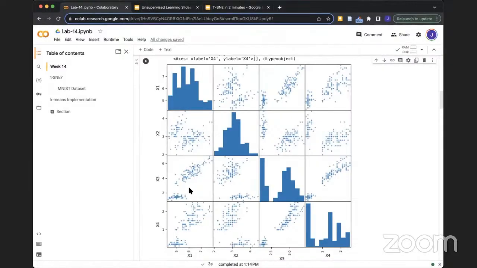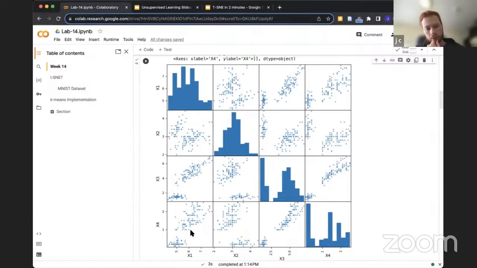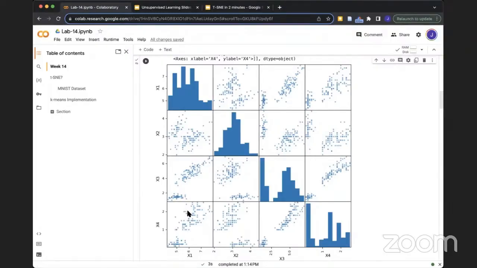I mean, at the left-hand side of your chart there are different values of X: X1, X2, X3, X4. Then along the diagonal, they have a corresponding kind of bar chart.